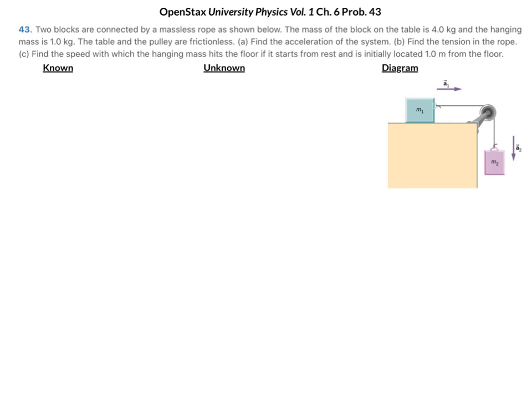Let's write down our knowns and unknowns and then look at the diagram some more and draw on it. So we know that the block on the table is 4 kilograms and they called that M1 in the diagram. So M1 is 4 kilograms. And the hanging mass is 1 kilogram. So that is M2 is 1 kilogram.